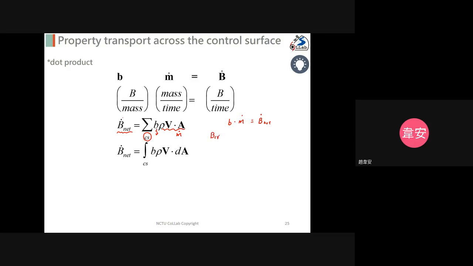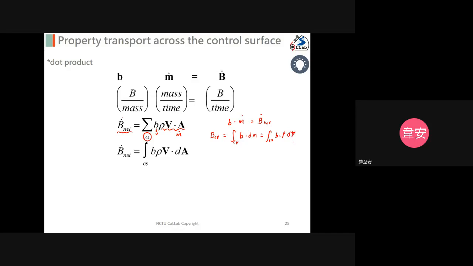What is the B CV? The B CV can also be written with an integration operator, but over the control volume, and we still have the b multiplied by dm, and we can rewrite dm as rho dV.